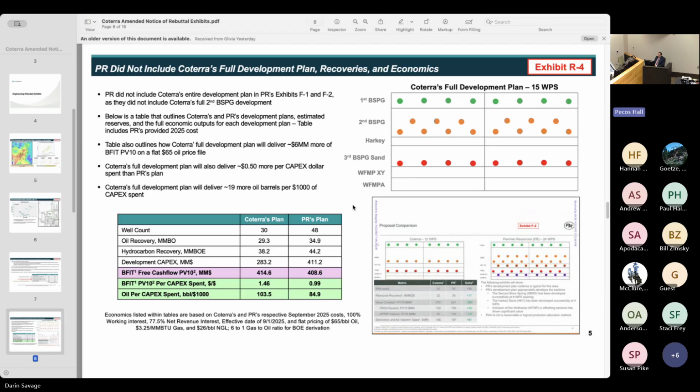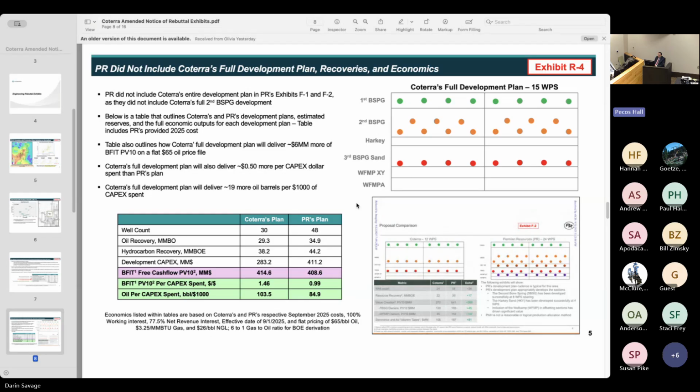The last row illustrates a similar column that we showed in our direct testimony, which is how much oil did I get per $1,000 of capex spent. Again, this is reinforcing the capital efficiencies and oil recovery space of Coterra's plan. Because Coterra has well spacings that are more reasonable, we are able to recover higher oil amounts per $1,000 of capital spent. Again, these economics assume a flat 65 oil price, but include Coterra's 2025 costs and PR's 2025 costs.